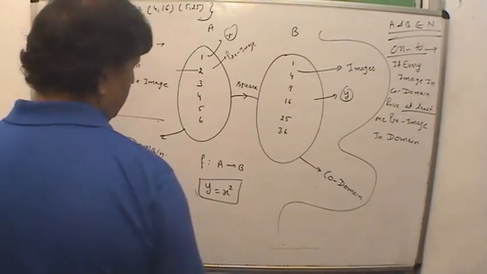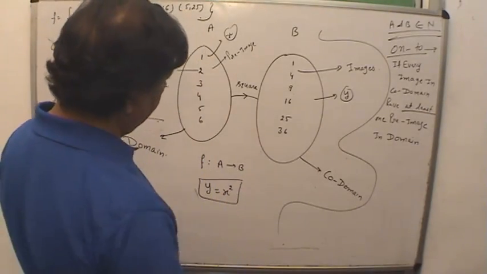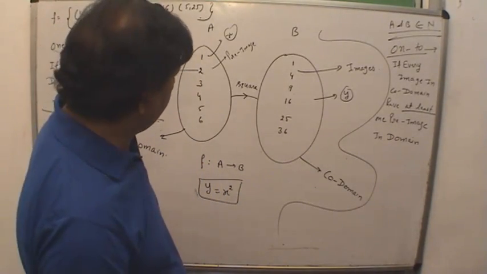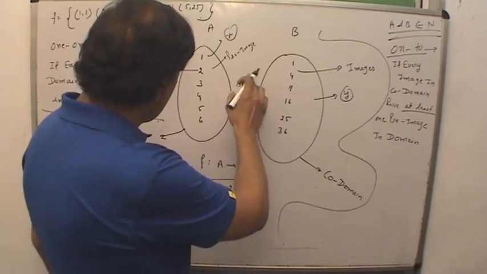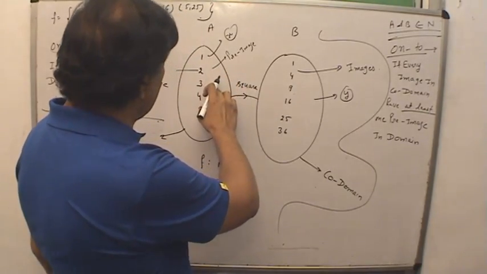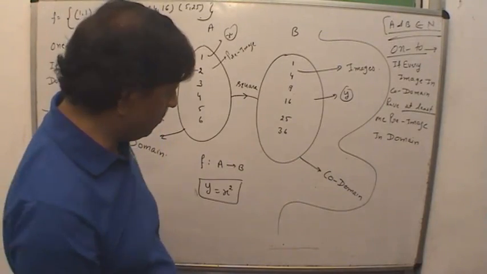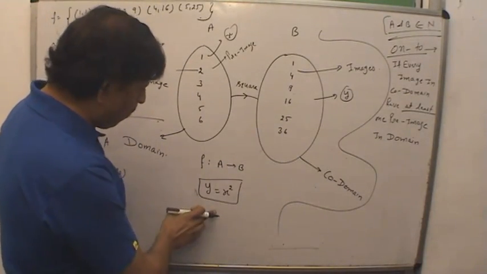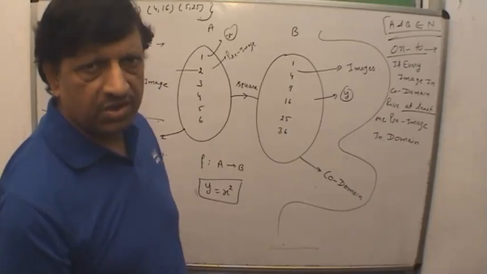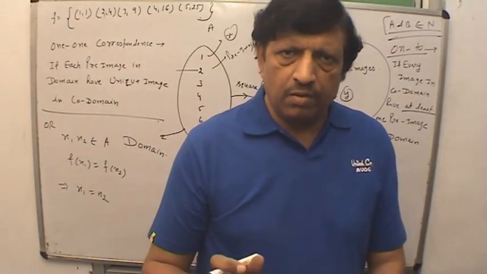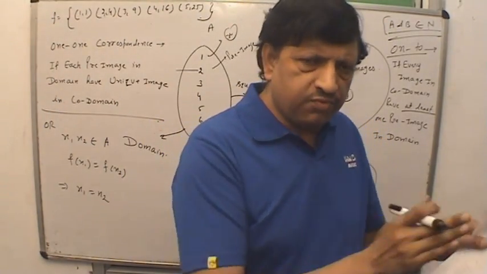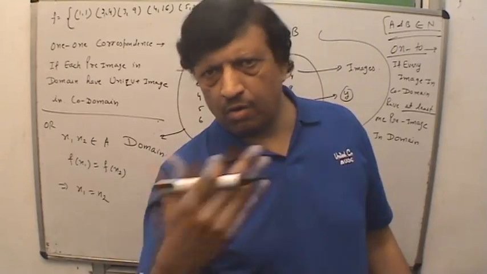Here we see the same example. Say A is the set of natural numbers and B is also the set of natural numbers. For onto, we now look from inside the mirror to outside the mirror.